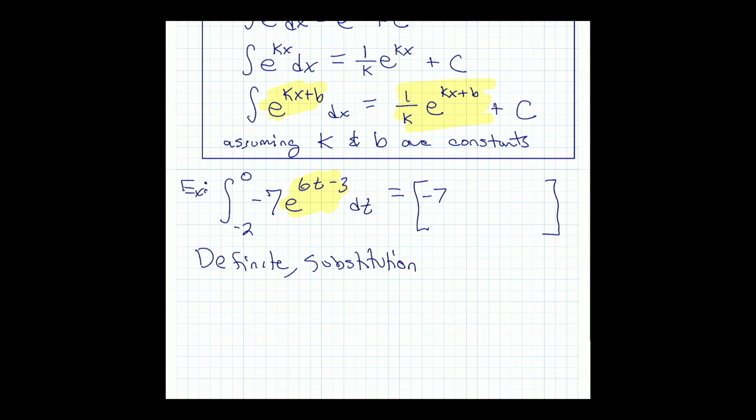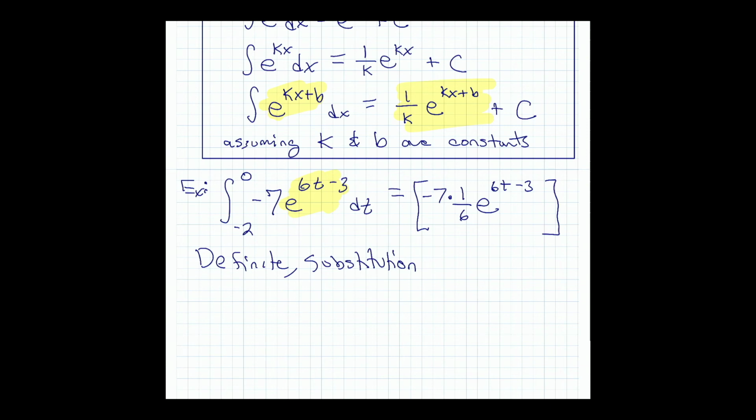But what's the antiderivative of the part that I highlighted? It's going to be 1 over k, the k is 6, and then e to the whatever. Okay, so that's my antiderivative. You would have had to use substitution; if you check the book, they're going to make you do substitution.